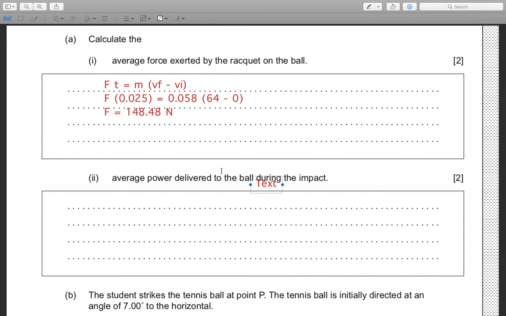Power is work done divided by time, where the work done means the kinetic energy change: the kinetic energy of the second state minus the kinetic energy of the first state, divided by time.